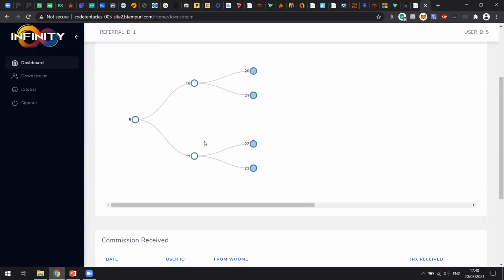So there is a method here, which we call the 2x2 forced matrix. You take the ID, multiply by 2. 5 by 2 is 10, right? 10 plus 1 is 11. Now take this 10, multiplied by 2, 20, plus 1, 21.